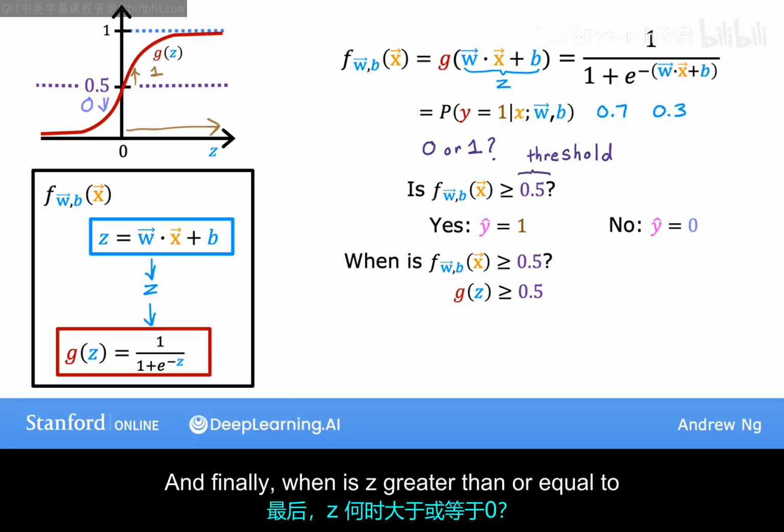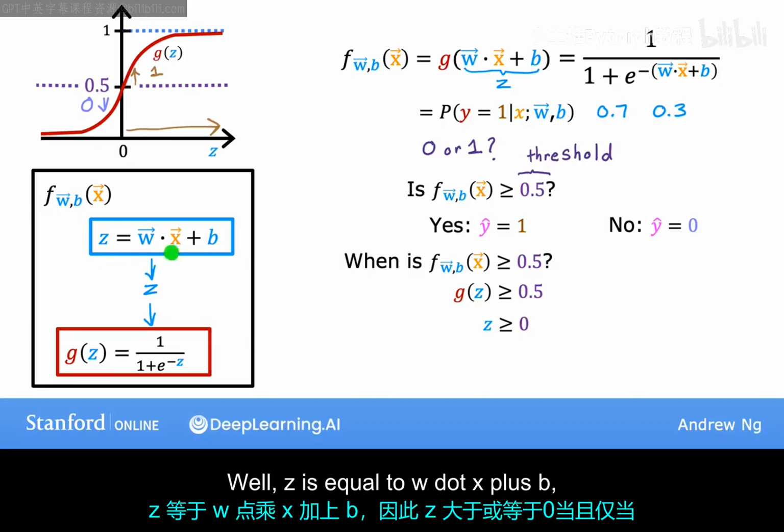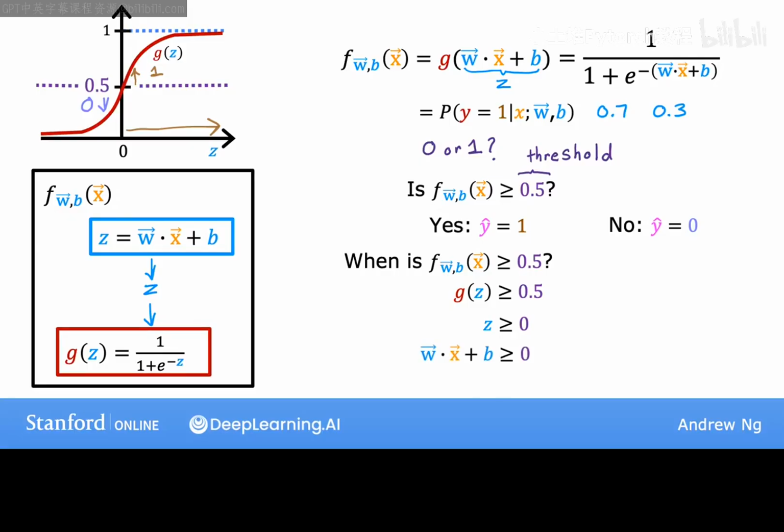And finally, when is z greater than or equal to 0? Well, z is equal to w.x plus b, and so z is greater than or equal to 0 whenever w.x plus b is greater than or equal to 0.